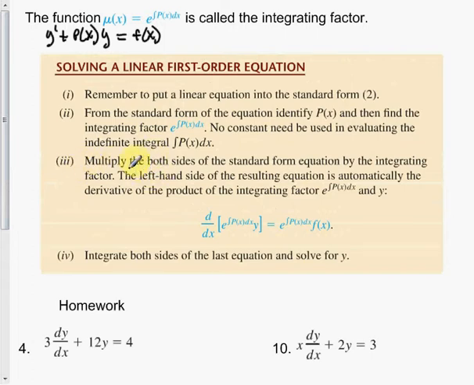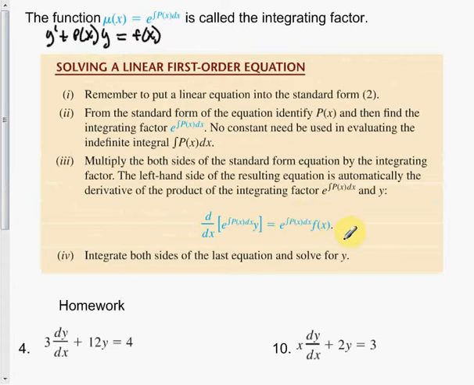The integrating factor is multiplied on every term, but we're going to stop there. Once you multiply the integrating factor to both sides, the left side is automatically the derivative of the product of the integrating factor and the dependent variable y, and the right side is the integrating factor times the function f of x.